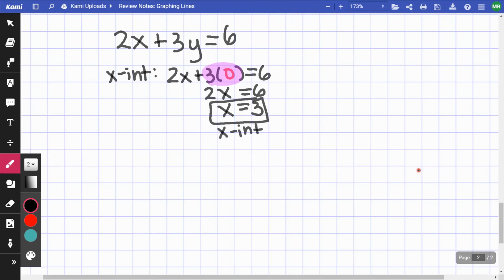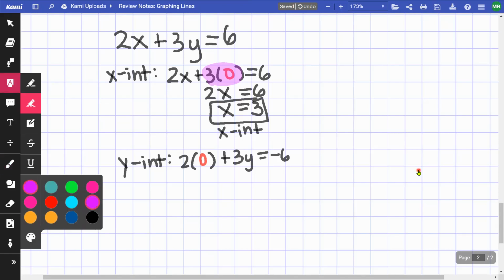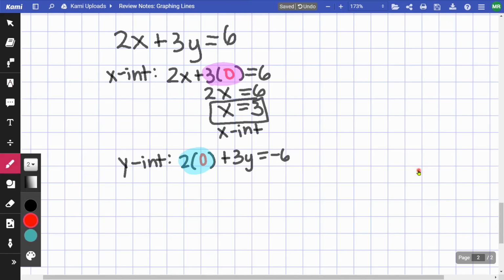That is my x-intercept. Now I'm going to do the same thing for my y-intercept. But this time, I'm going to be putting 0 in for my x to find my y. So again, if I am thinking about that being covered up, because that's going to just become a 0, what am I left with?